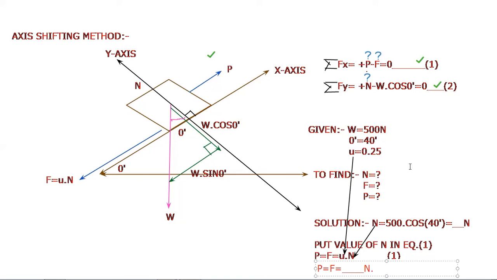So finally, you will get the answer here, the value of P and F. So you are able to find these three values here: you find out the value of N, F and P.